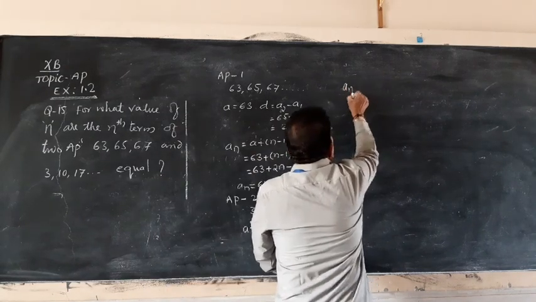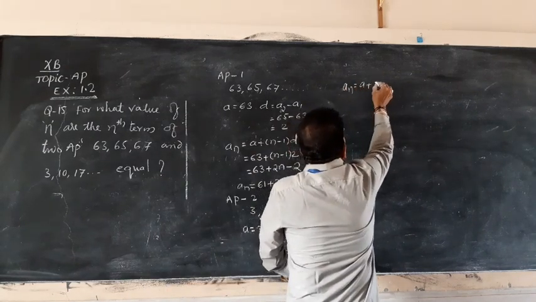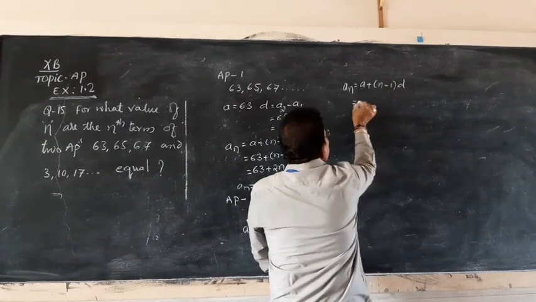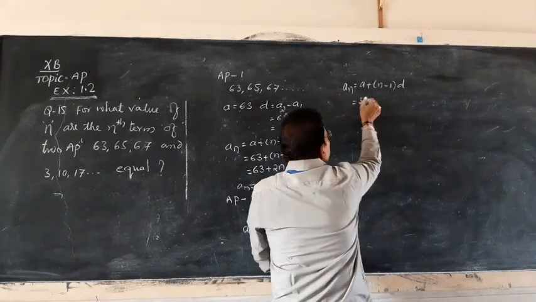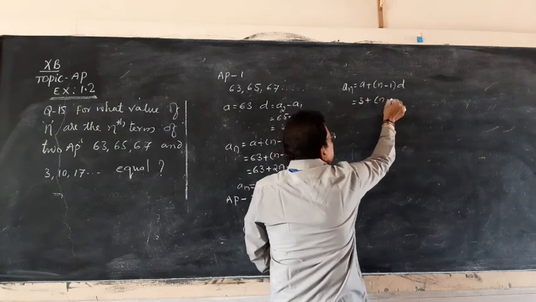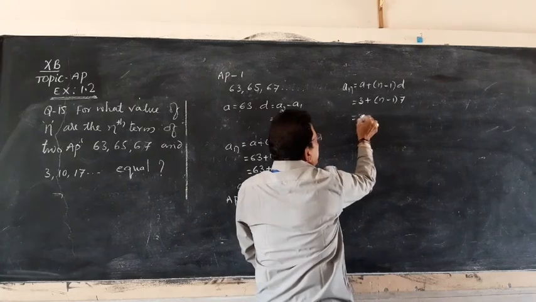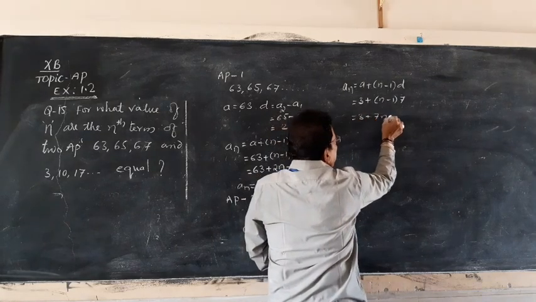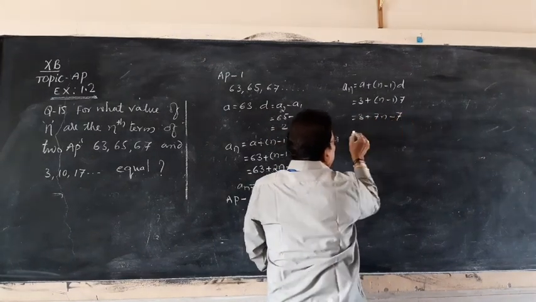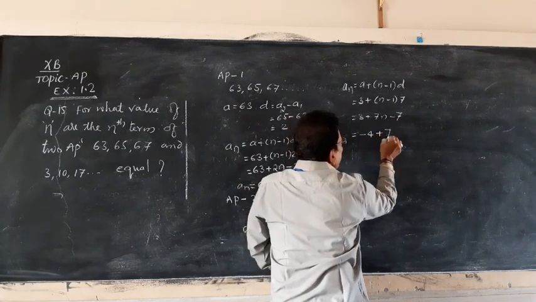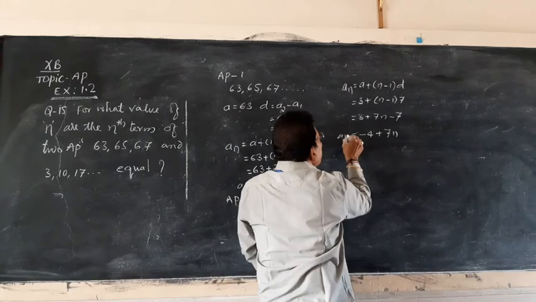Then An equals A plus n minus 1 into D, that is 3 plus n minus 1, D is 7. That is 3 plus 7n minus 7, that is minus 4 plus 7n. That is An.